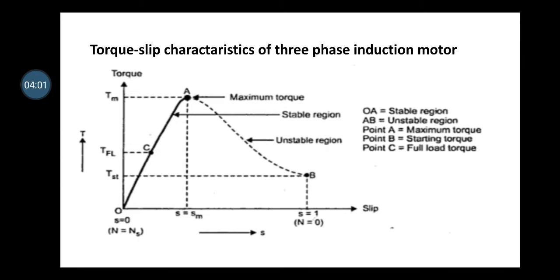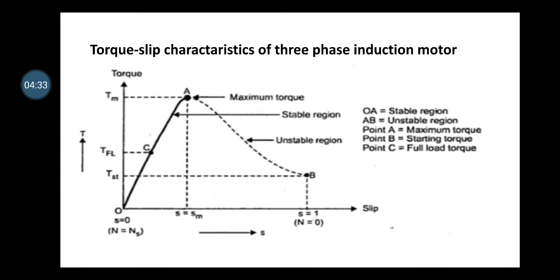This is the stable region or low slip region. The point A is the maximum torque condition, that is the slip S equal to Sm, that is S equal to R2 divided by X2. It is the condition of slip at which we get the maximum torque.